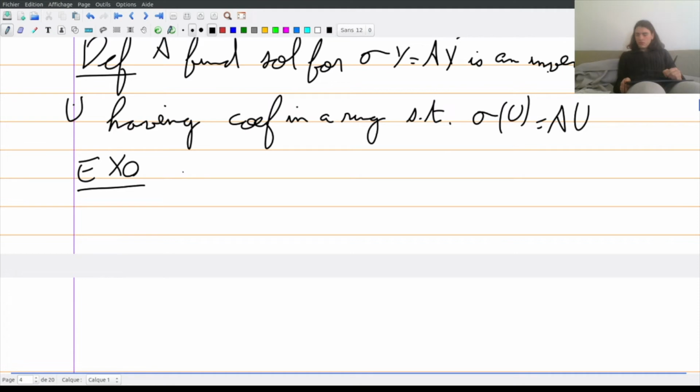So an easy exercise is the following. Let U and V be two fundamental solutions.